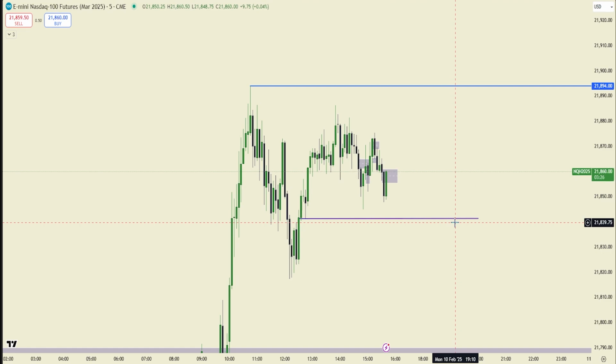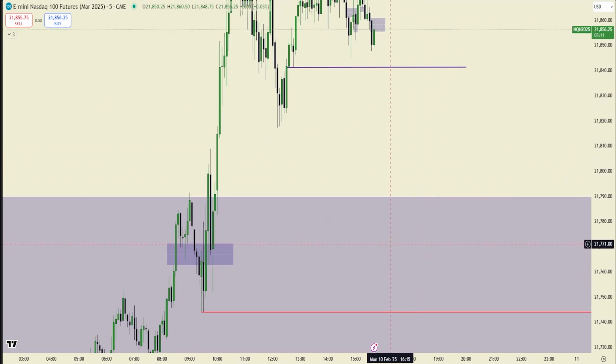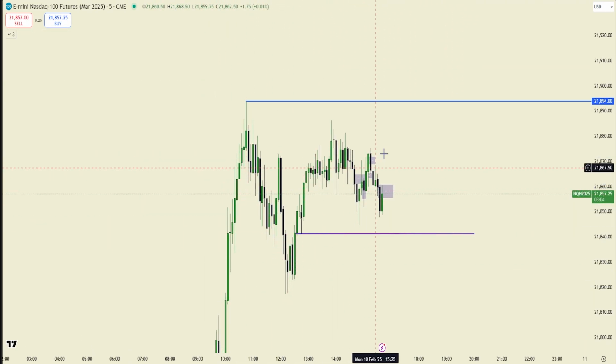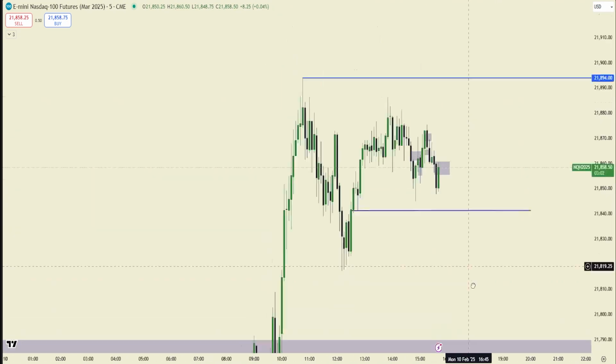Is this too far away of a draw to target given what we know about the current market conditions and what we've come to expect about the market? Unless there's some random event like Trump tariffs or something like that, is it reasonable for me to say, okay, we're going to drop to 740, given everything that we know about the market today? Probably not, because we've been chopping for the last 3 hours.